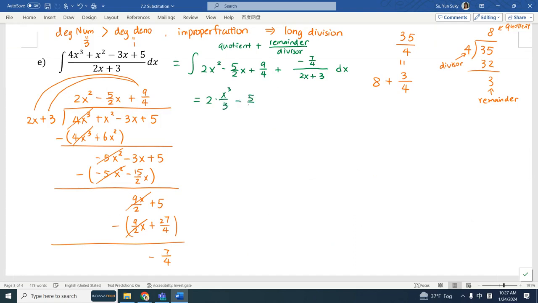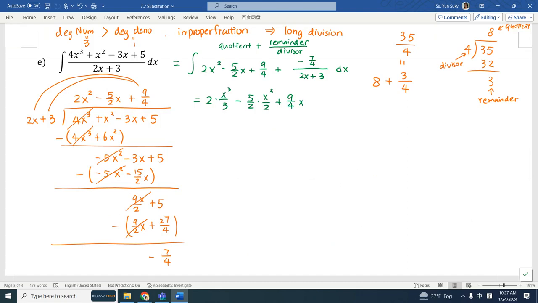And what's the integral of x? x. Yes. And what's the integral of 9 over 4? Yeah, 9 over 4x. Right?